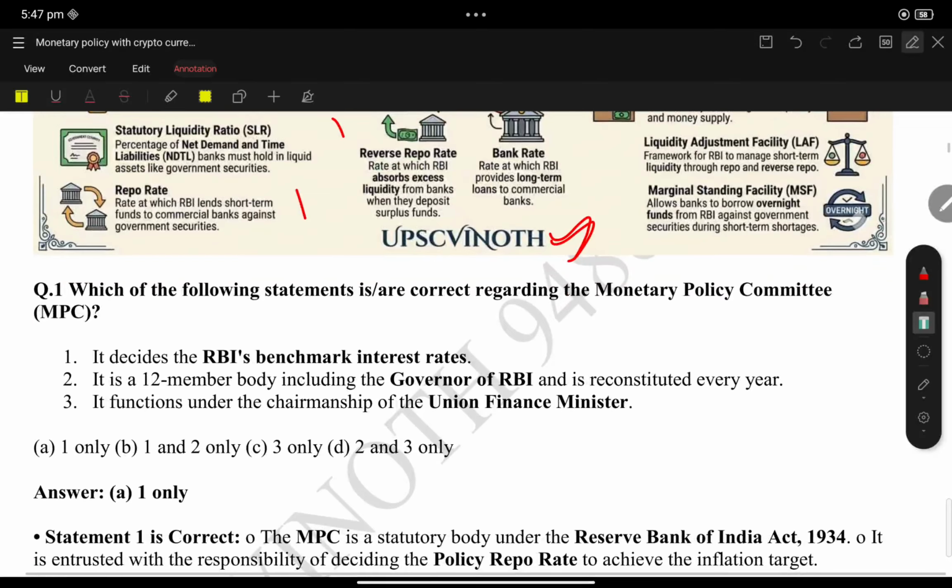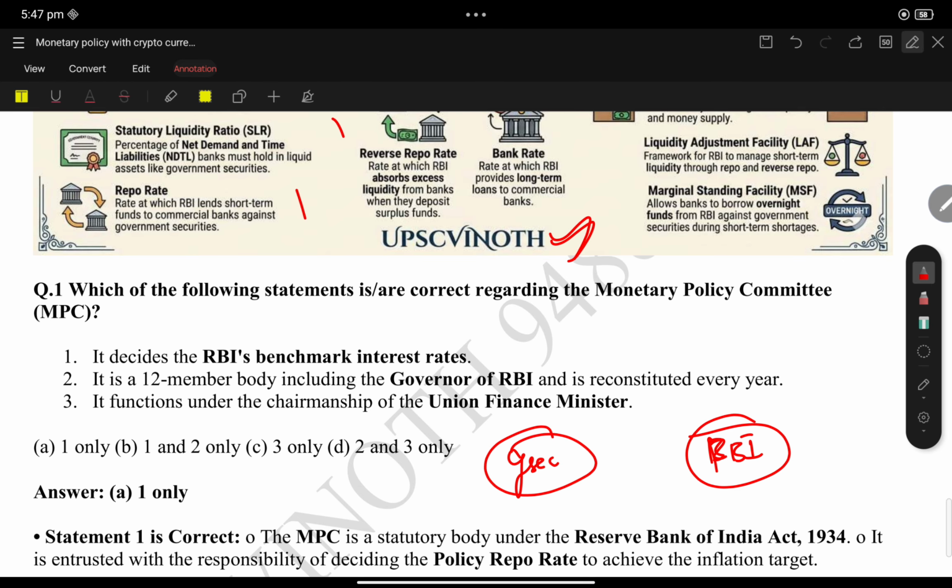It's very simple. Commercial banks will have government securities. RBI will lend money, and as security the commercial bank will give its GSEC to RBI. For this RBI will get the GSEC and also some interest.